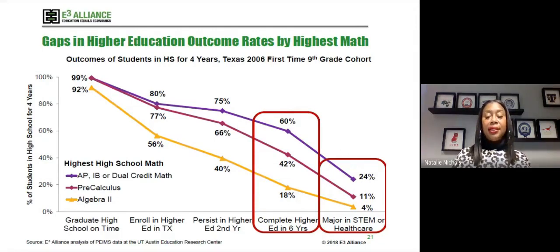And what this is saying, let's look at the first red box. What it's saying is, if you are attaining the highest levels of math, that you have a 60% chance, the data says, of completing a higher degree. And that could be a college bachelor's degree, trade school, but you have a greater chance of graduating from that higher education with a higher education degree versus someone who has attained pre-calculus with a 42% chance versus someone who has gotten to Algebra 2, something that is at that level, which is an 18% chance.